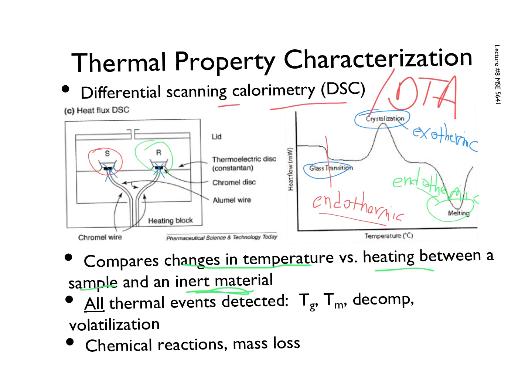So what happens as a function of heating? All thermal events are detected. The glass transition, again, if your system can actually see it. Sometimes Tg is below what our unit within the department can actually detect. Tm, which is the melting event, and any decomposition that's happening, and any volatilizations if they are significant enough. So anything that causes a change in temperature of our system is going to be detected by DSC.